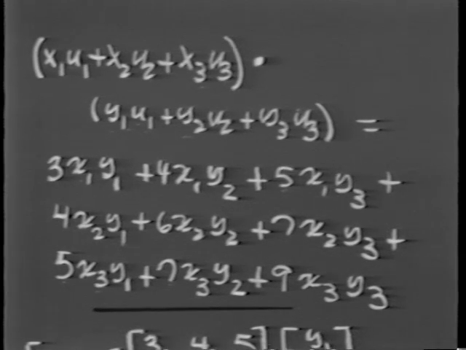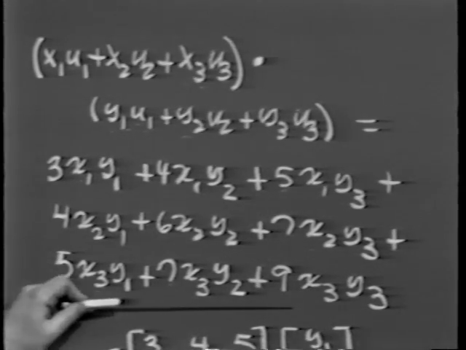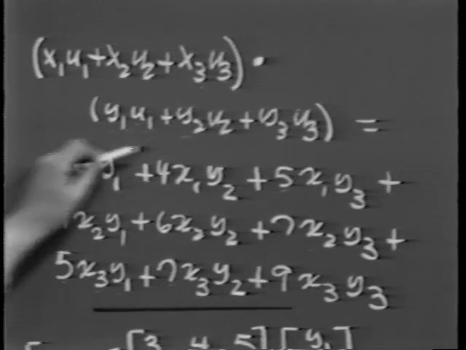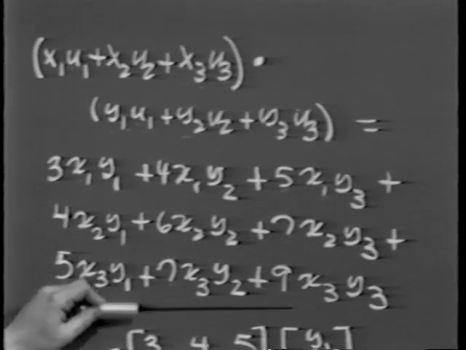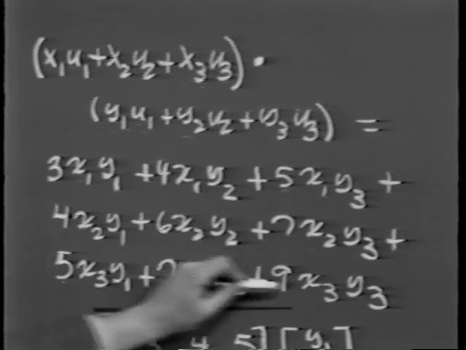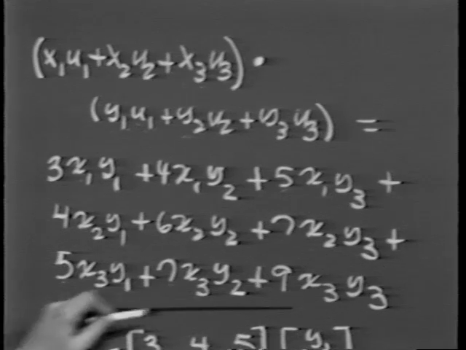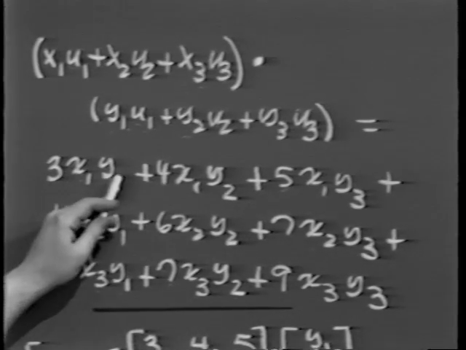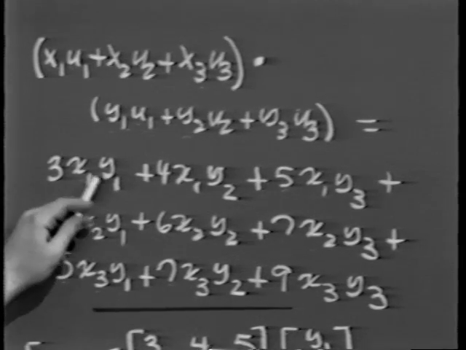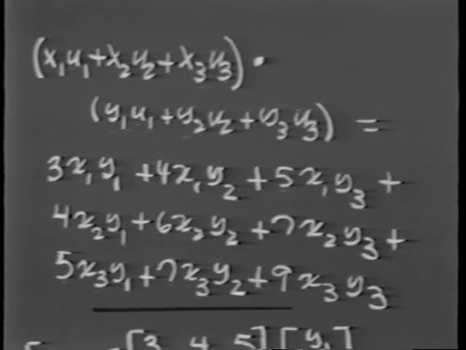By the way, at this particular stage, I would like to pause for a moment. Some of you may have picked this up better than others, but maybe you've already learned how to look at a system like this and write it in matrix form. Now, notice that these are what we call quadratic forms. Each term involves an x multiplied by a y.